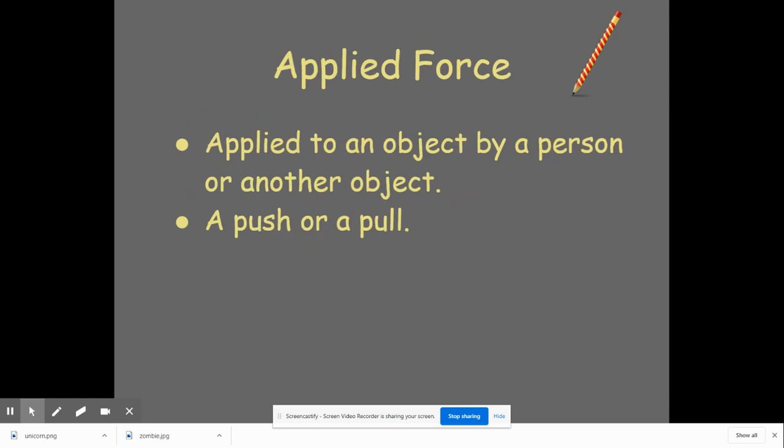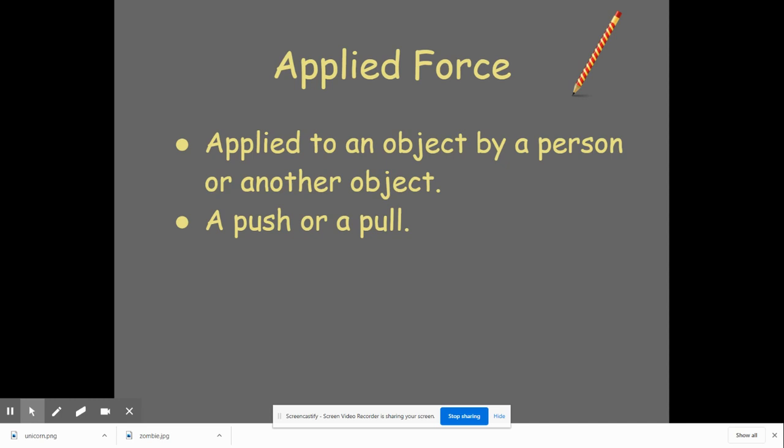All right, now this one, don't make it hard. It says applied force. That's not a big deal. That just means it's a force that one object applies to another object. So it's applied to an object by a person or another object. So if you walk up to your little brother or sister, if you have one, and shove them, don't do that.